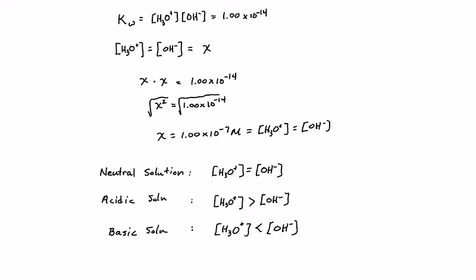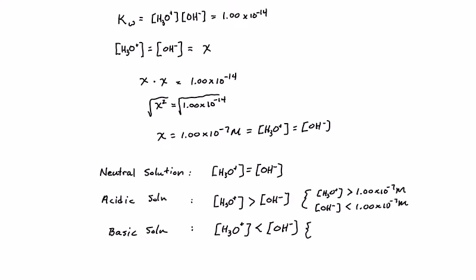Another way of looking at this is that when we have an acidic solution, the concentration of hydronium is going to be greater than 1.00 times 10 to the negative 7th molar. And therefore, the hydroxide concentration must be less than 1.00 times 10 to the negative 7 molar.